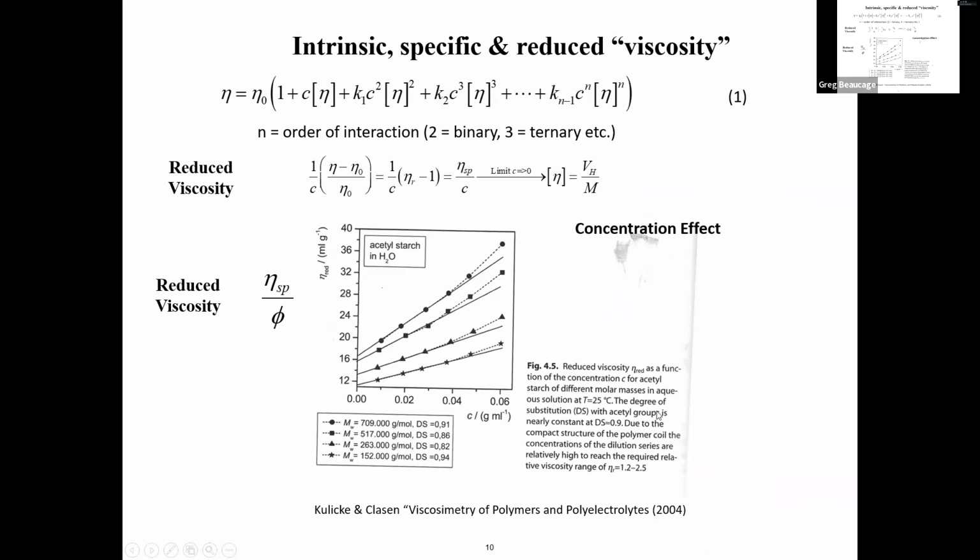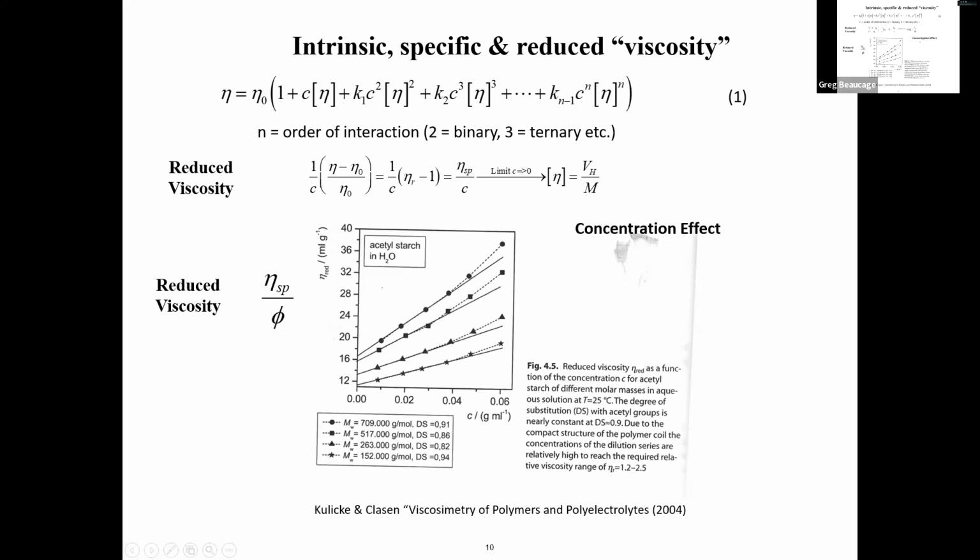But this is acetylated starch. It's starch that becomes soluble in water because they put acetyl groups on the surface of it, and then different molecular weights. So this should be flat. It's got a slope because it's got this second order term or maybe higher order terms in it, right? And it's fit to some different functions.